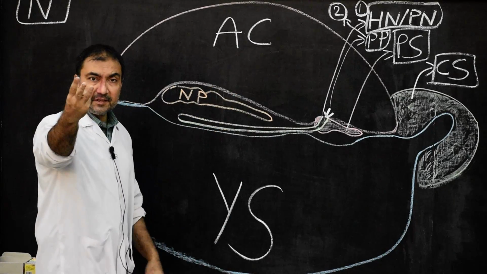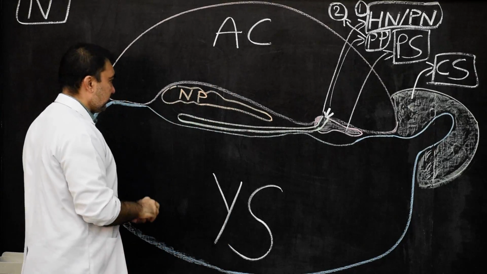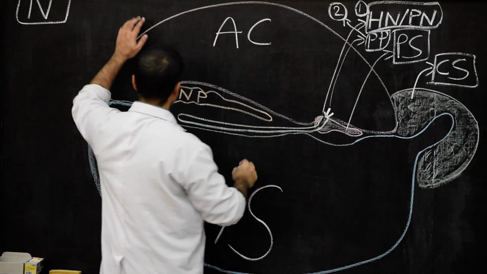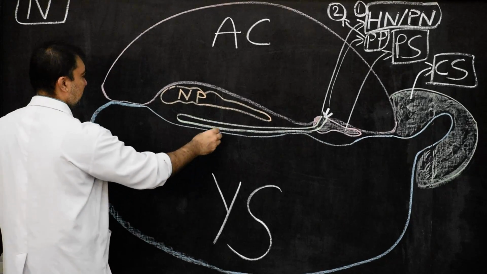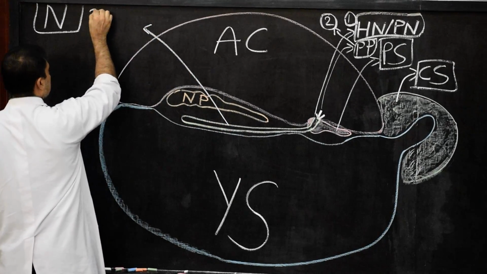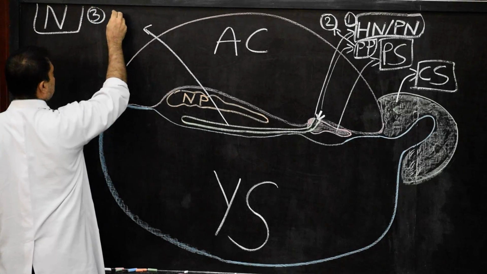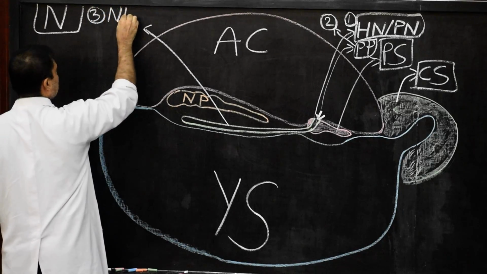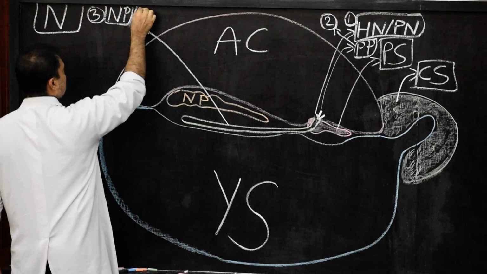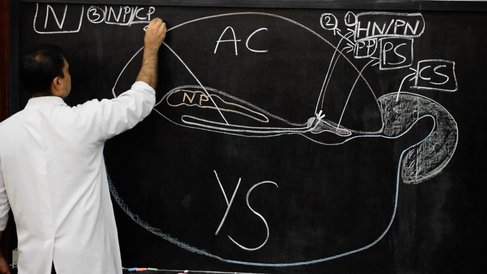Stage number 3. Please note down, this is very important. So here we will mention that this will be stage number 3, the development of the notochordal process, which is also known as the canalized process.